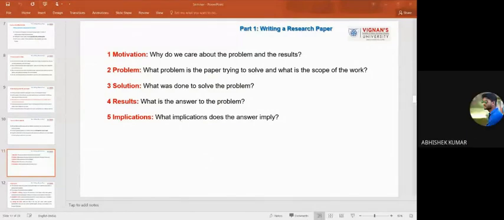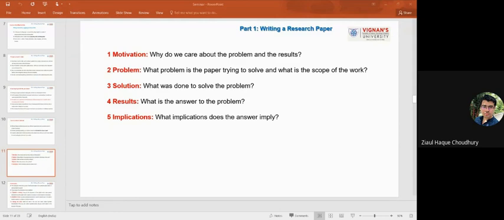Is it moving? Yes, sir. No, sir. You are on page number 11, sir.